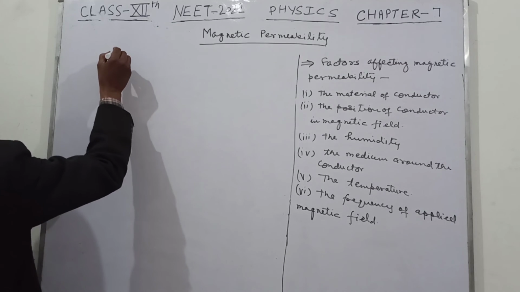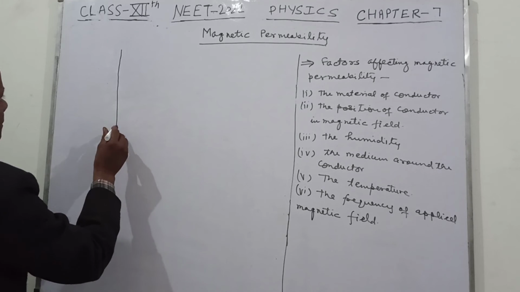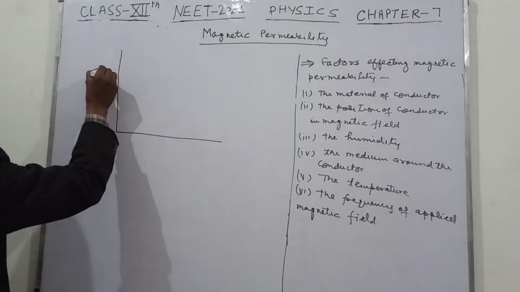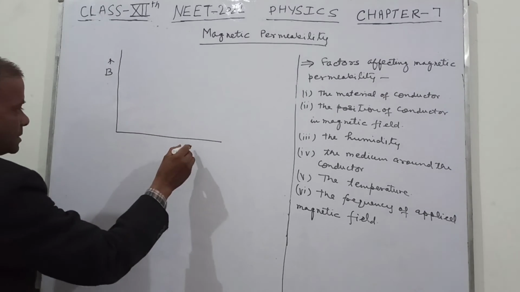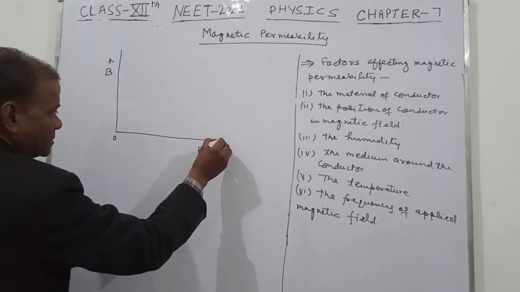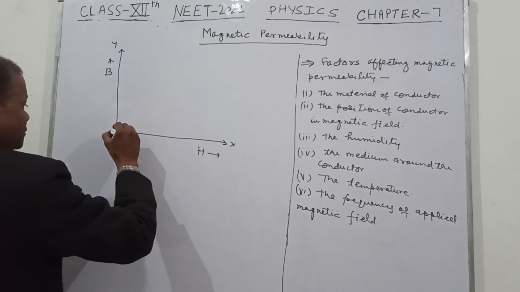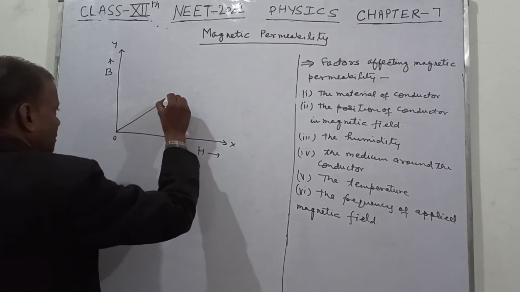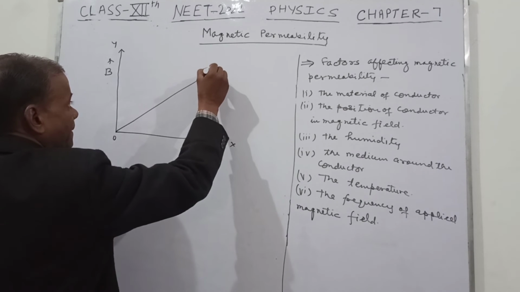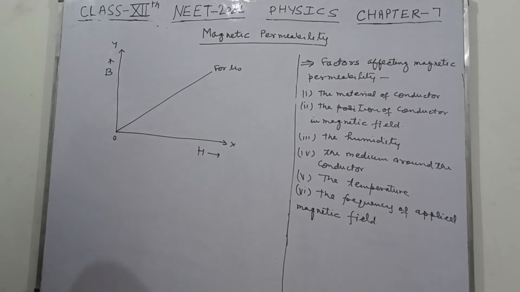Suppose we have this graph, with B on one axis and H on the other, this is now 0, this is your x-axis, this is your y-axis. Then you draw the line, this is for mu naught, this straight line shows mu naught.